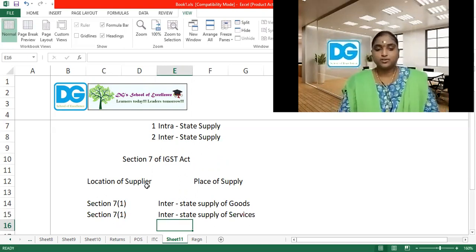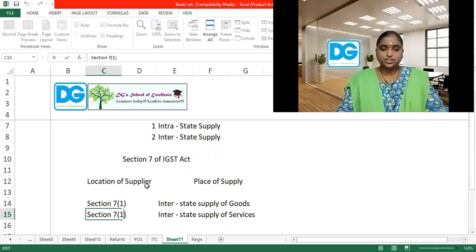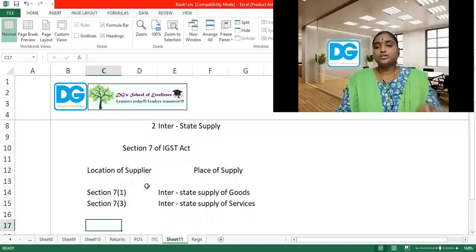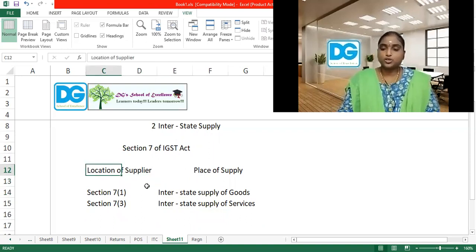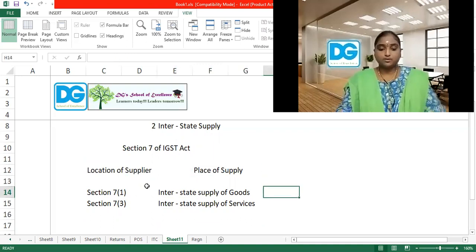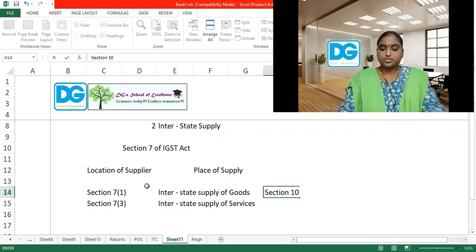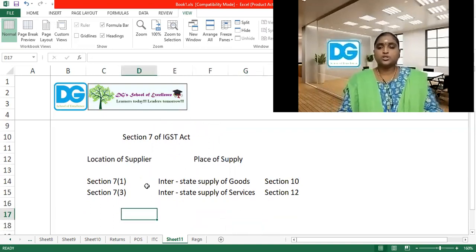To determine this, we should know these two factors: location of supplier and place of supply. Place of supply is governed by section 10 for goods, and in case of services it is section 12.